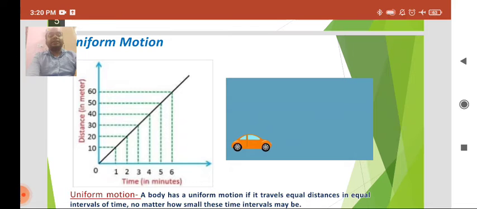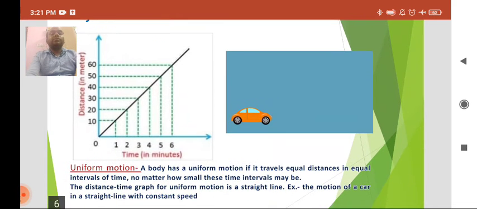The graph represents displacement and time. On the y-axis, displacement goes from 10 meter to 60 meter, and on the x-axis, we consider the value of time from 1 to 6. So we can define uniform motion.